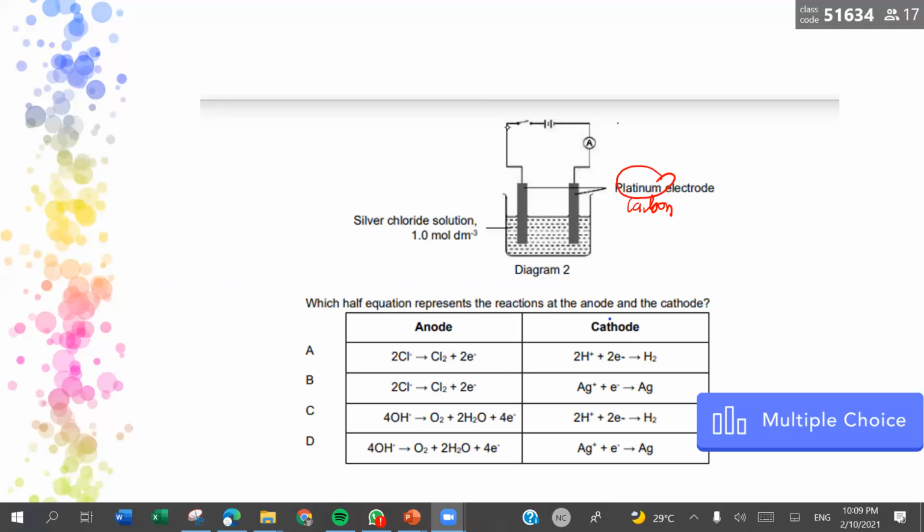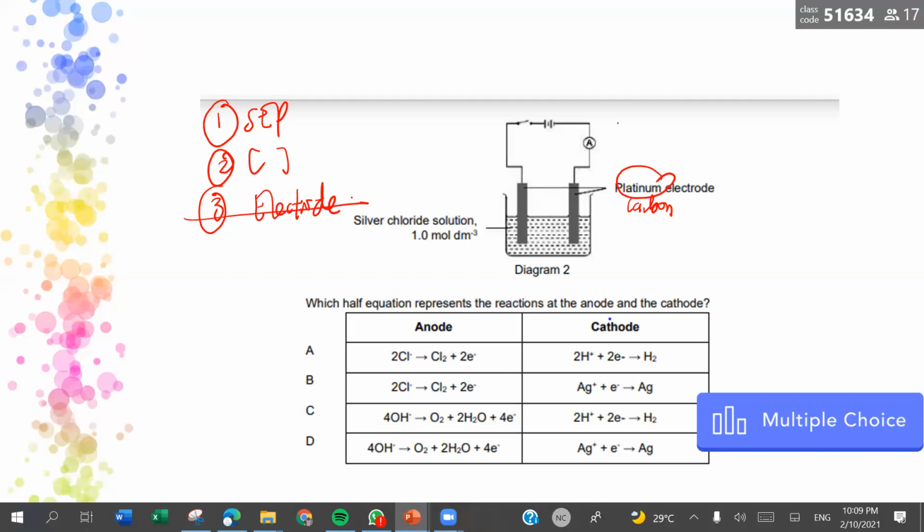Okay, so first things first. When you're doing this kind of question, I want you to do this first. I want all of you to write down SEP, concentration, electrode. Every time you're doing any question like this. Now, you know it's a carbon-carbon electrode.